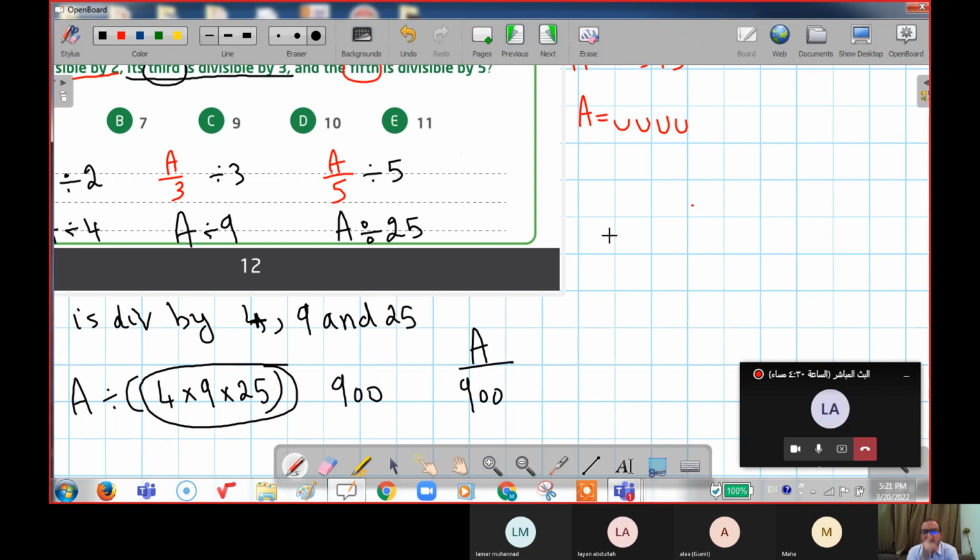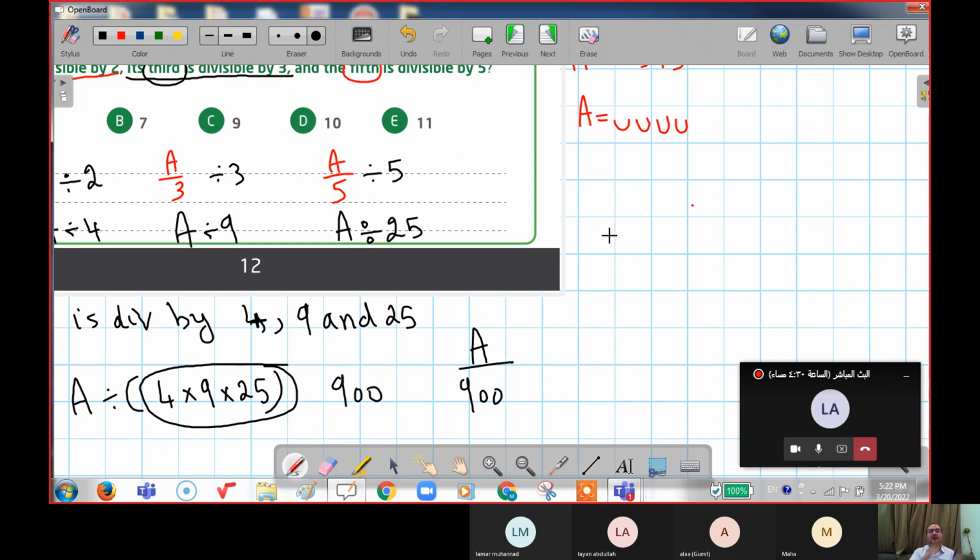Girls, I want to say something very important. This is from, I think, grade 3 or 4, the multiplication table. When you say any number is divisible by 2, it must be a multiple of 2. And when you say the number is divisible by 3, it must be a multiple of 3.